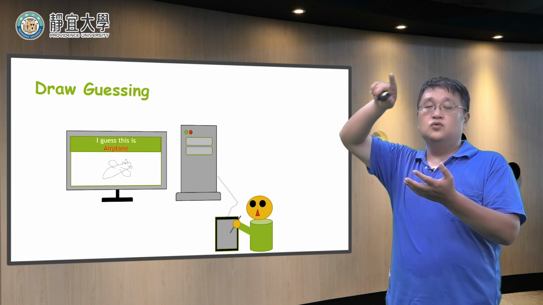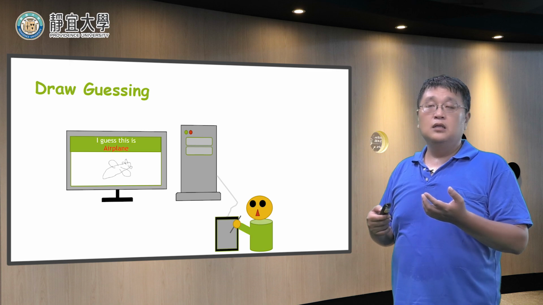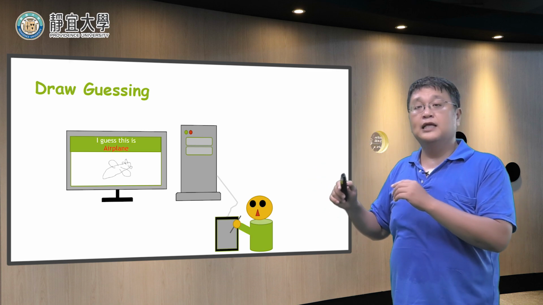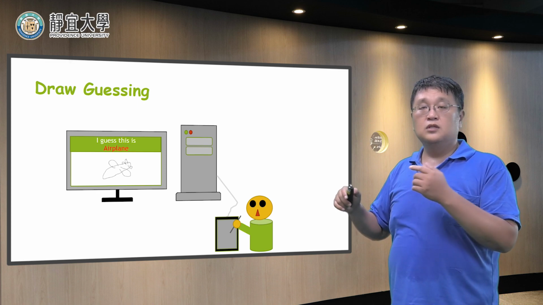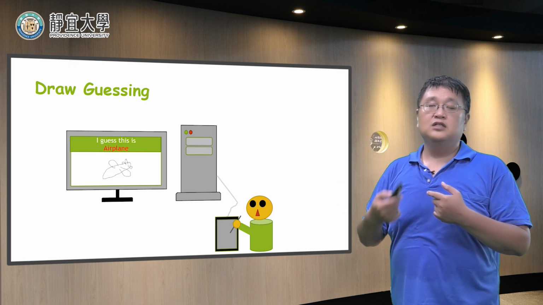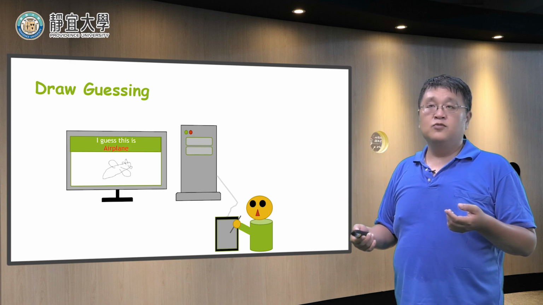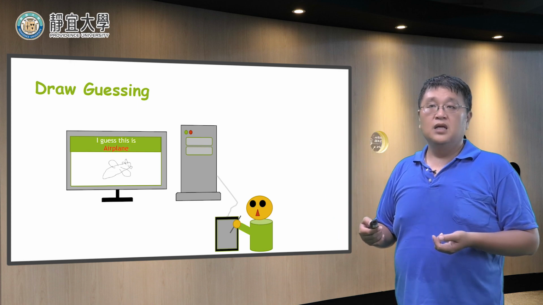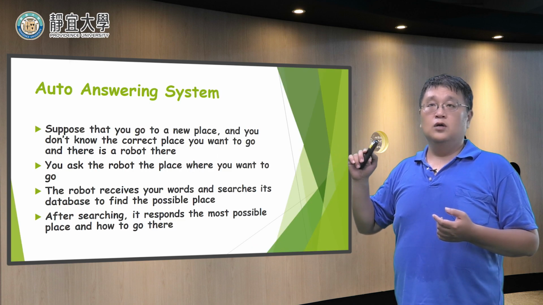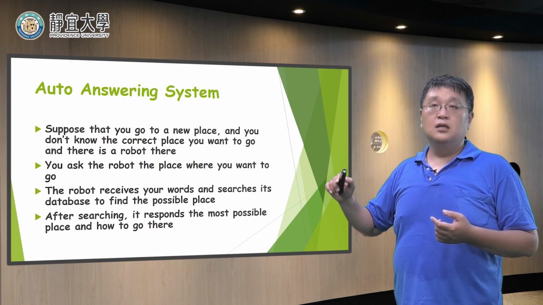First, they find the edges, and then they compare them to the things in the database. So the closest thing will be an airplane, and it will give you the answer, airplane. This is how those things kind of guess.